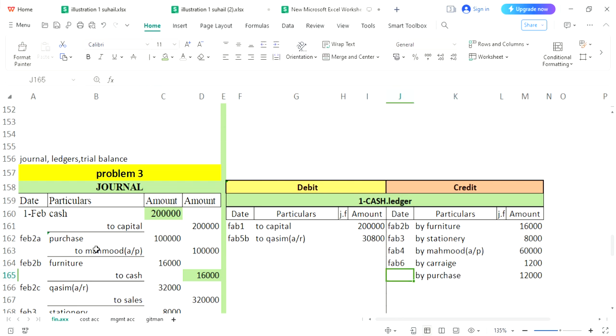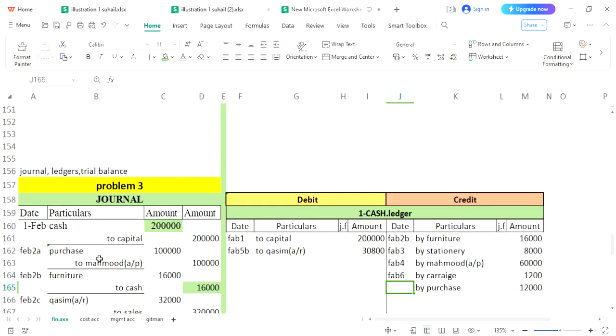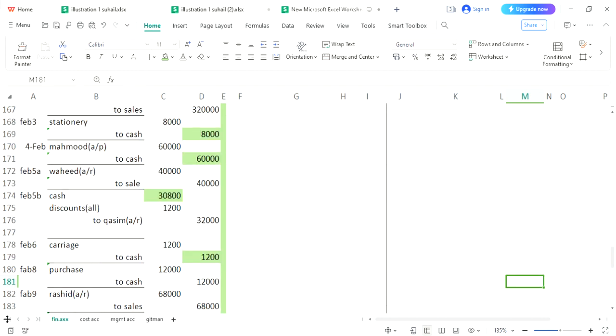Reference has been written. Now see for 12,000 what was the date. It is February 8. Go and write down February 8 in date column. Date is mentioned, reference is given, amount has been posted. 12,000 is completed, so mark it as it has been done. 12,000 February 8.